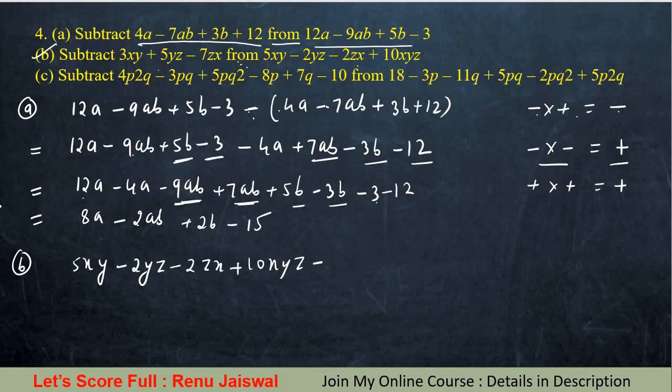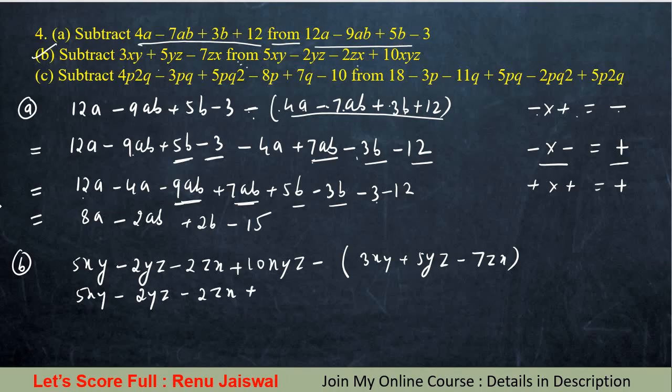Yes, minus sign, then bracket, that is 3xy plus 5yz minus 7zx. And as here you can say all the signs got reversed, plus became minus, minus became plus, and plus became minus. Same way here you can directly change the sign.